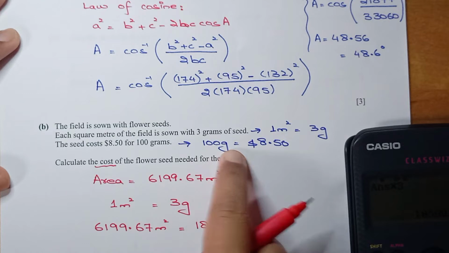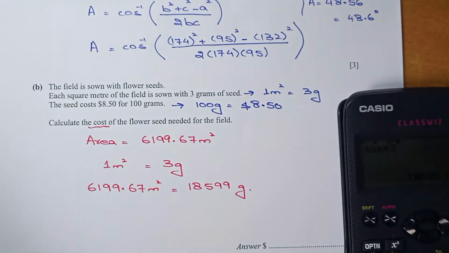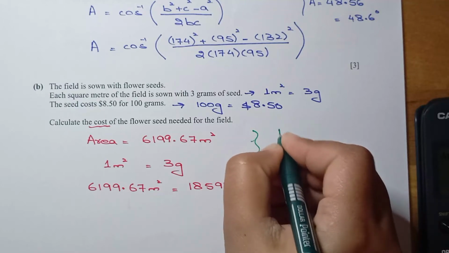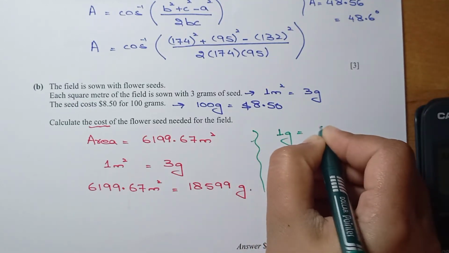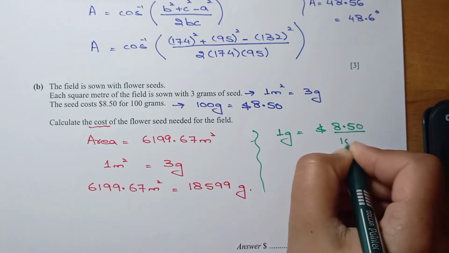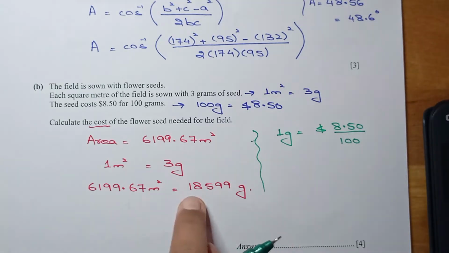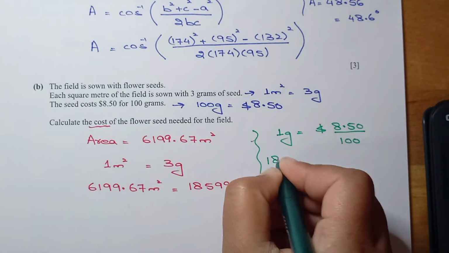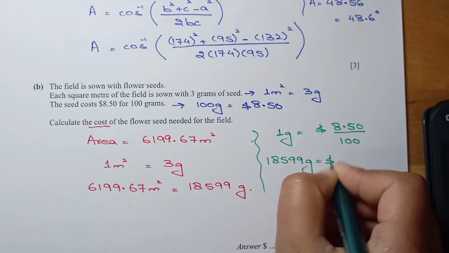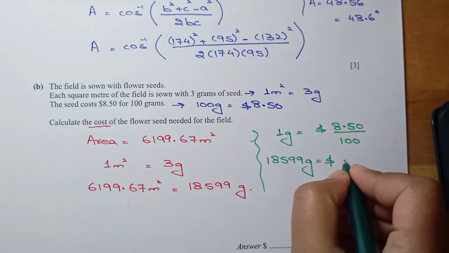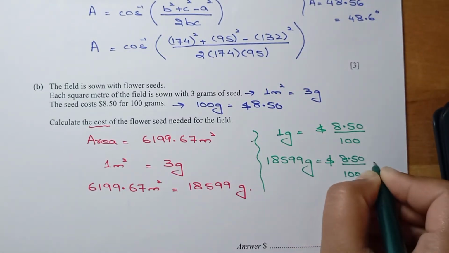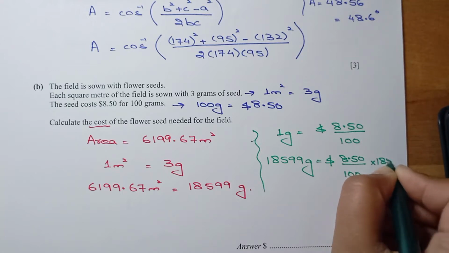So 100 grams covered this much. Okay, so if 100 grams cover this much, 1 gram will cover 8.50 divided by 100, right? And what about 18599 grams? The cost for this much is 8.50 divided by 100 and times 18599.